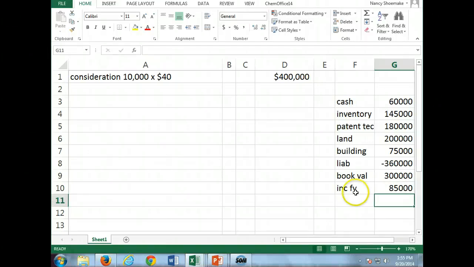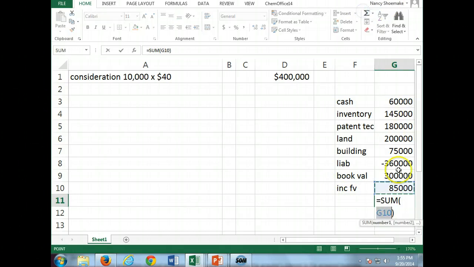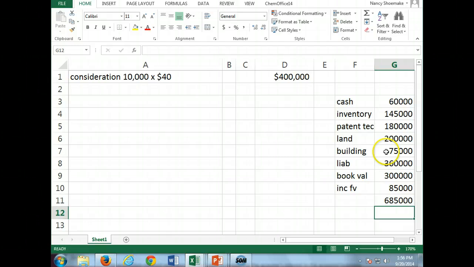So basically the difference between the 400,000 and what we're assuming here. I'm doing something wrong. I got something in here that I should get rid of, the book value. So basically what I'm doing is showing the book value of everything plus the fair value.